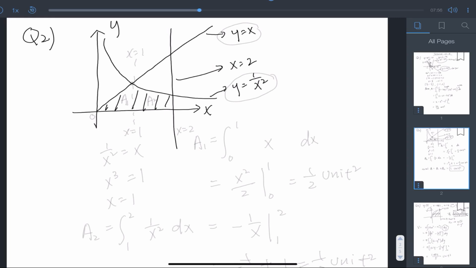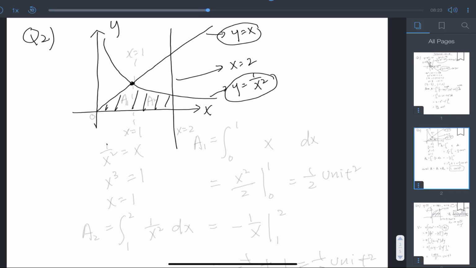You see there's one intersection point here. How are we going to find this intersection point? It comes from the line y equals x and the curve y equals 1 over x squared.